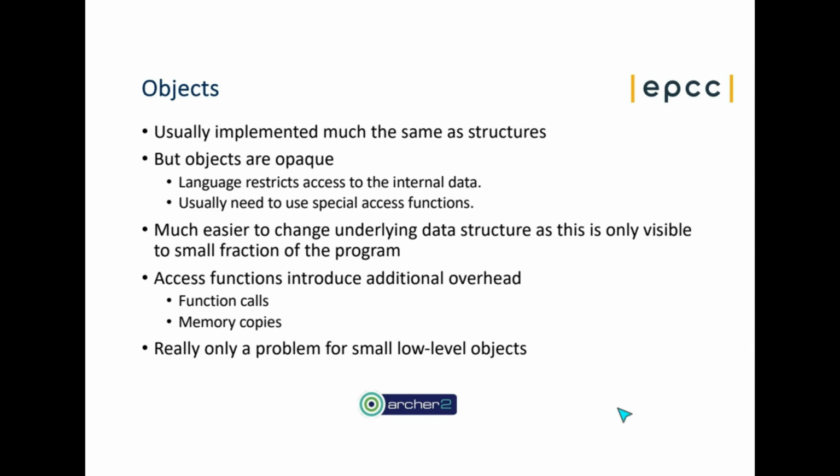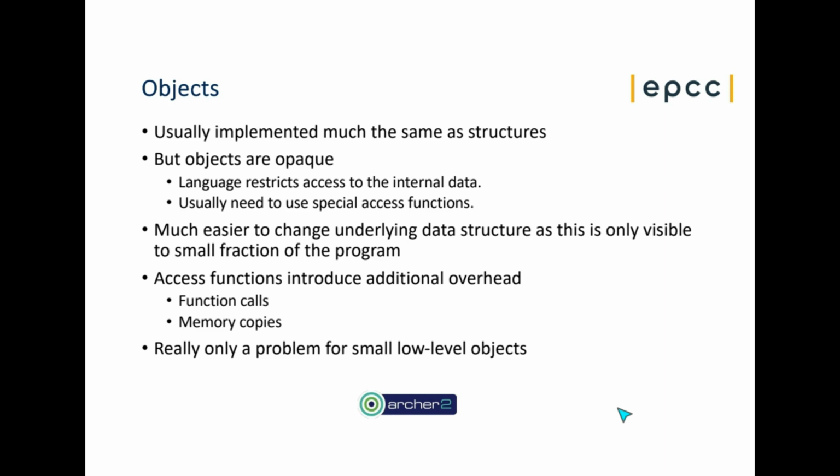So objects. Okay. So in terms of the data layout, there's pretty much the same issues as you have for structures. But if we're doing OO design, the idea is that objects should be opaque. Okay, you shouldn't make direct accesses to the internal data, and we can actually use the language to prevent that, as it's often done.